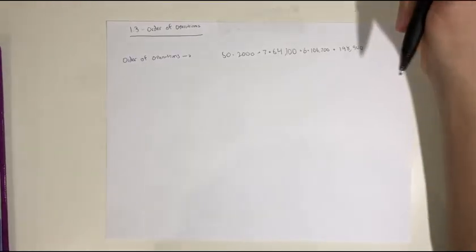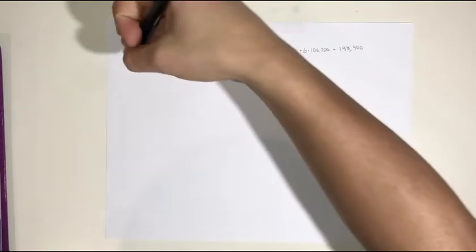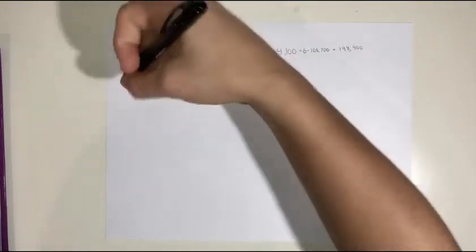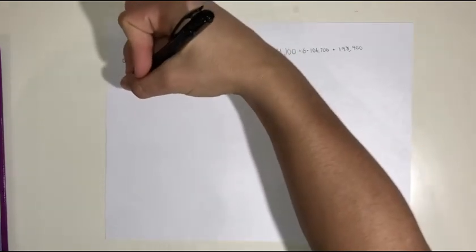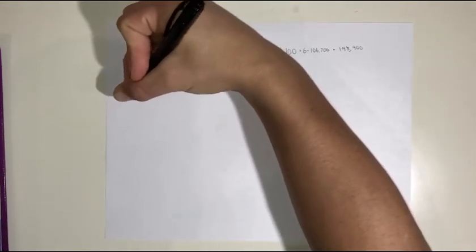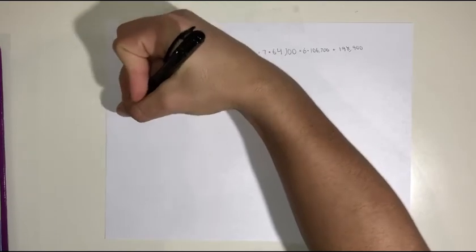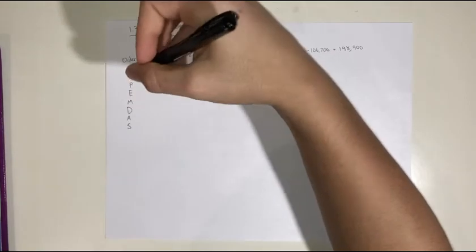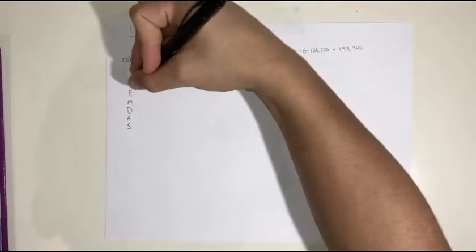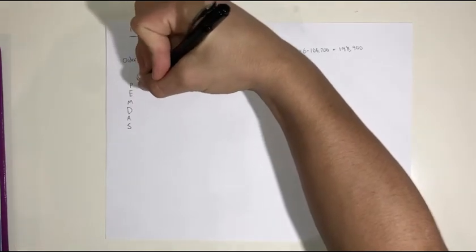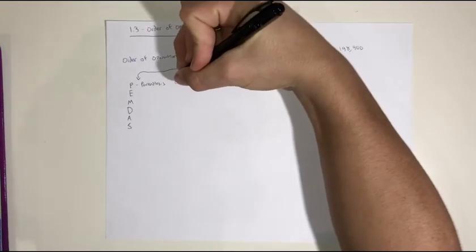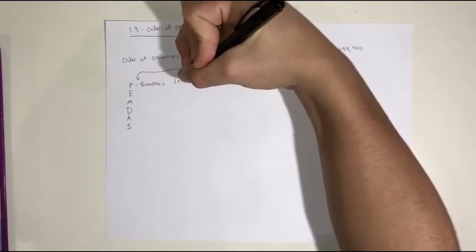They came up with something called order of operations, which is what is known today as PEMDAS. Everything in PEMDAS goes first from left to right. But first you do parentheses, whatever is inside of parentheses, which is something like x plus 10.